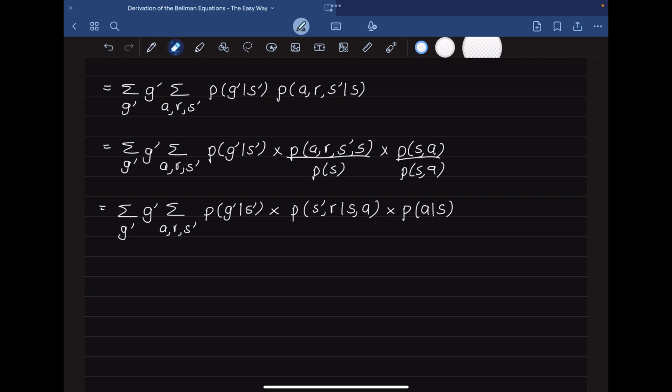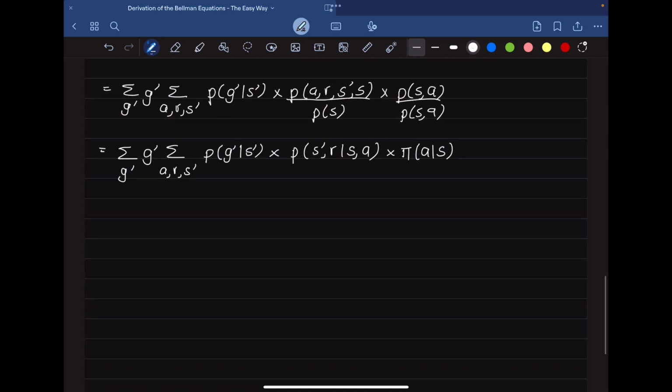So again, this is essentially your policy, so I can write it like pi essentially. And now I essentially know this function. This is again the dynamics of the environment. This is also known. It is a policy of our agent.